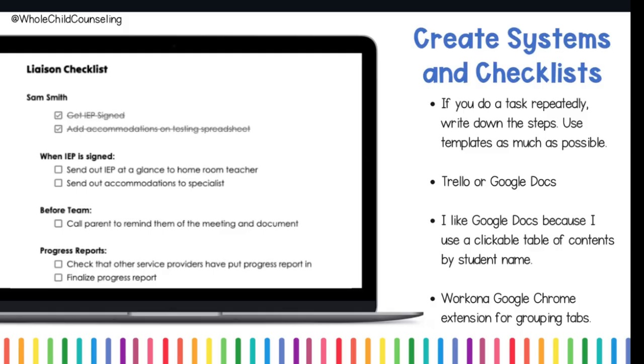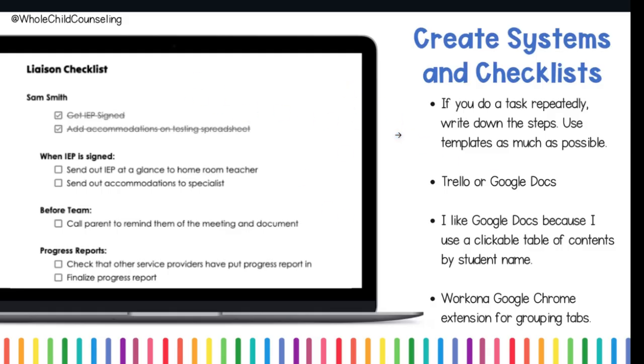I use a lot of Trello and Google Docs, and I do like Google Docs a lot because you can use a clickable table of contents by student name, and I like the checkboxes, which you also get on Trello. But this is a liaison checklist.